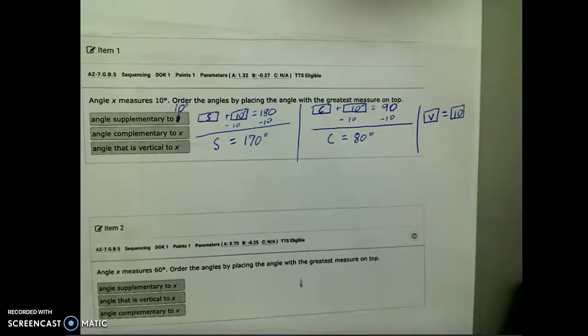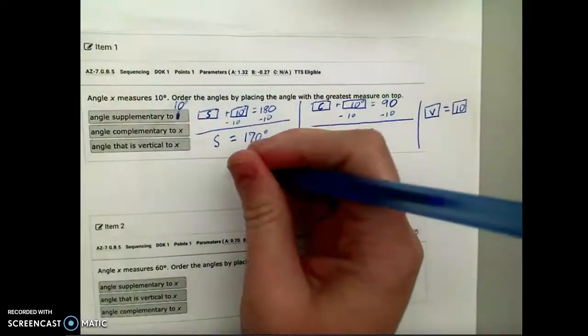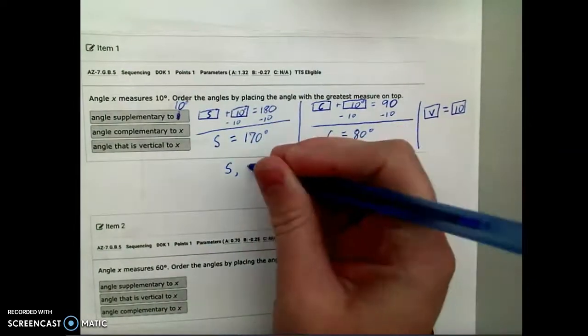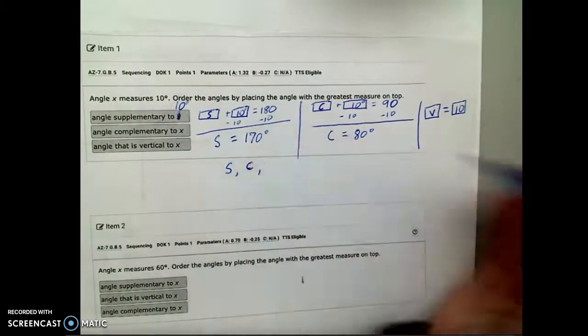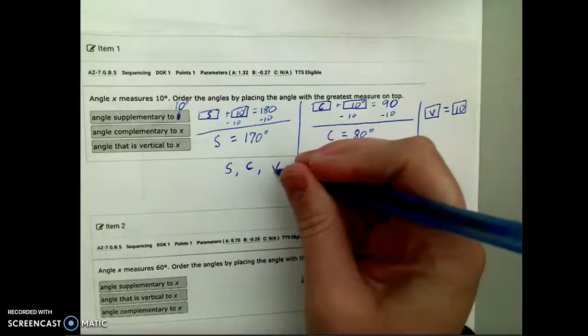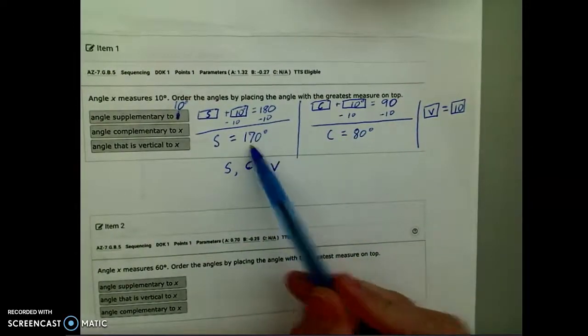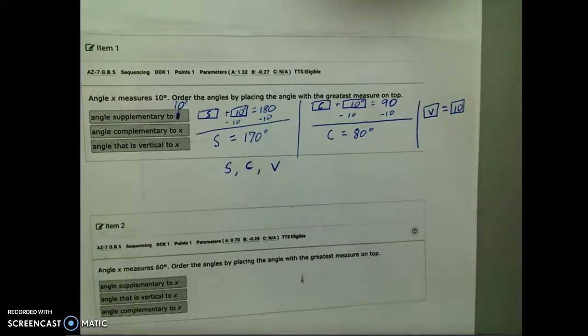So if I was told to order them greatest to least, I would go supplementary angle first, complementary angle second, and vertical angle third. Ta-da! We have solved and put them in order from greatest to least.